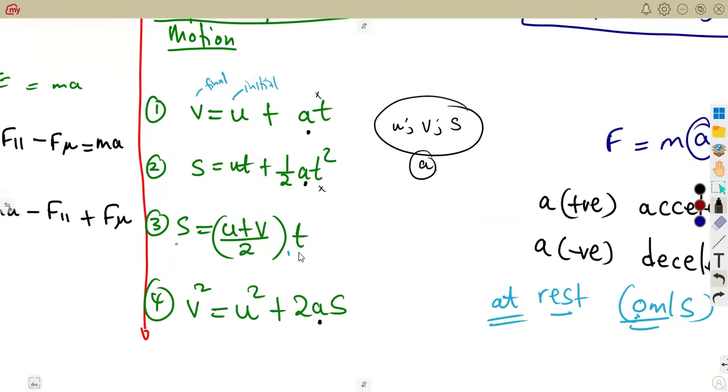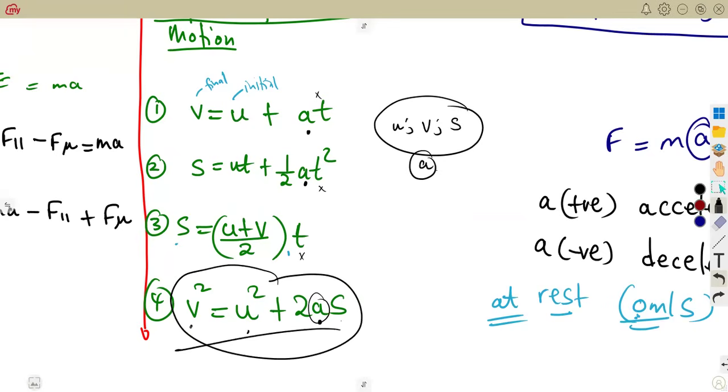This one, time. This one, time. Here, we do not have time. We have got V, U, and S. We need A. So this was going to be the best formula for you to choose. That's how you take these formulas. Take what you are given, this is what you are given, and this is what you are asked. Which formula has any of these and also has acceleration inside?